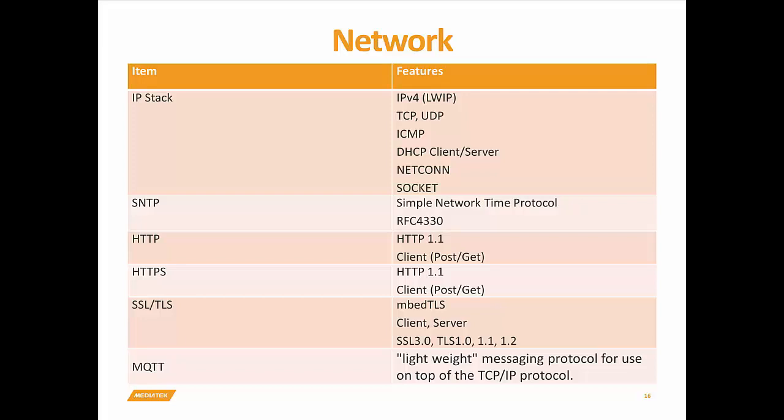We use mbed TLS, and we can use it as client and server. And we also support MQTT. This is a lightweight messaging protocol, ideally used in IoT devices where you should keep the network traffic to a minimum.